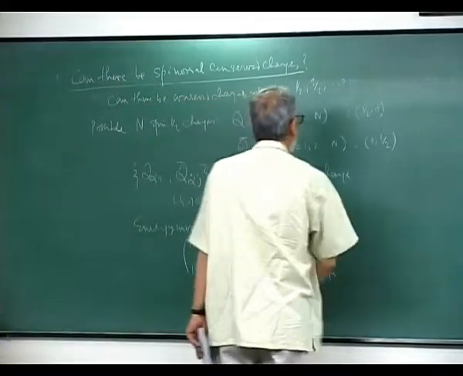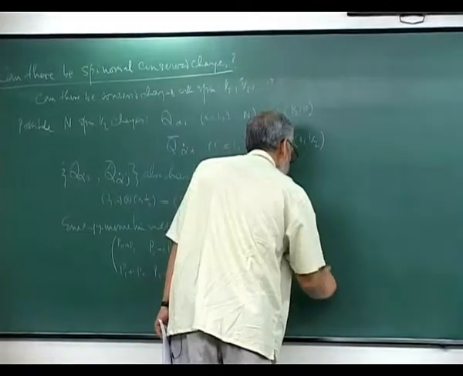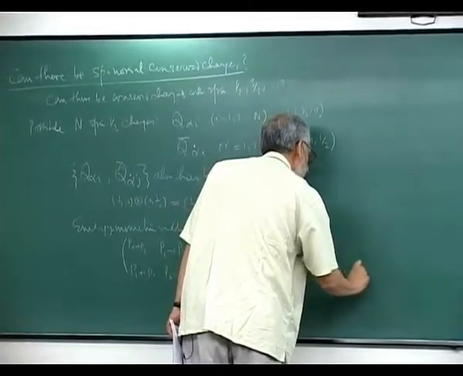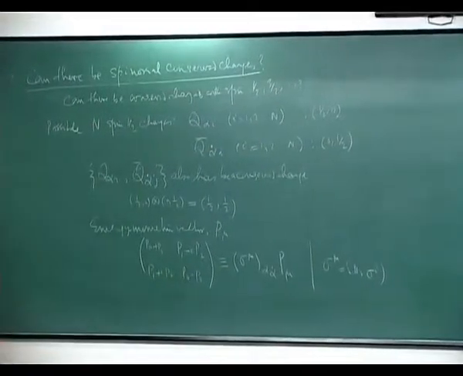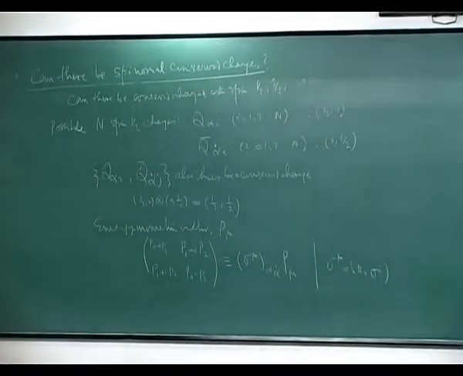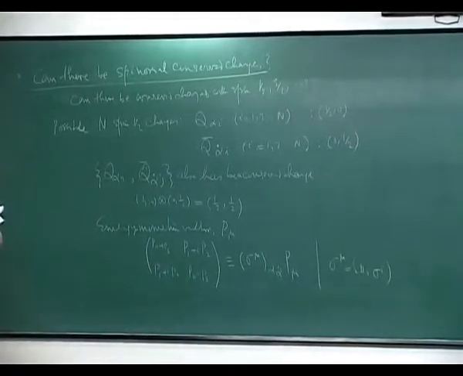Remember what was sigma mu that we had? It was a unit matrix and three Pauli matrices without i, right? Let me check. Yes, without i.